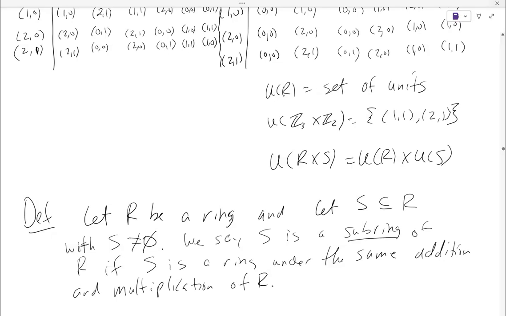So, quick example. We know the integers form a ring under addition and multiplication, right? Can you give me an example of a subring of the integers?